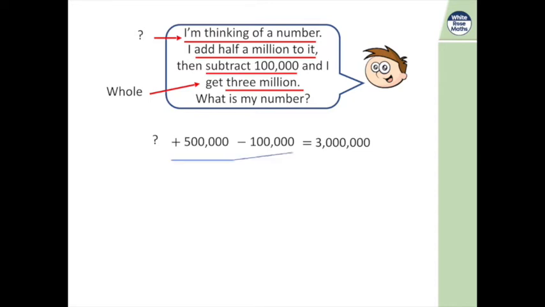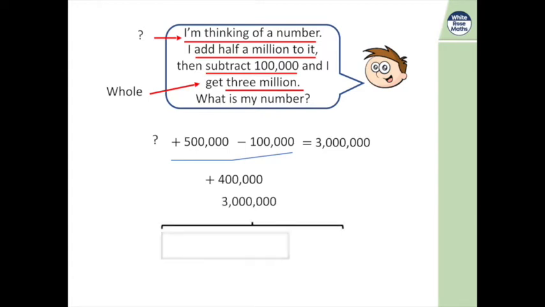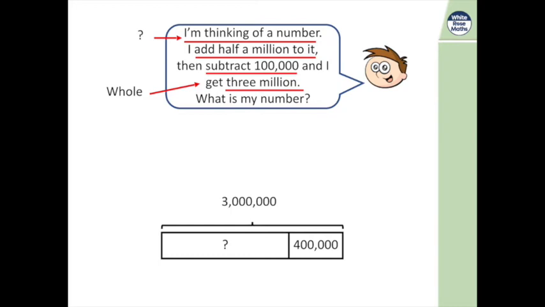Have a look at the calculation. Think what you need to do next. Well, 500,000 minus 100,000 gives us 400,000. So our 3 million is made up of something plus 400,000. Does that make it any easier to solve?